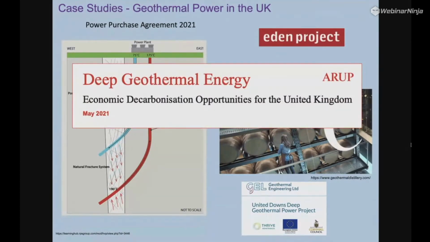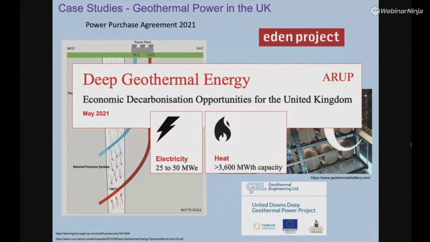Also, earlier this month, Arup released their Deep Geothermal Energy report on the UK, and within this report they identified around 360 locations that can be utilized for geothermal energy, and most of these were for heat.